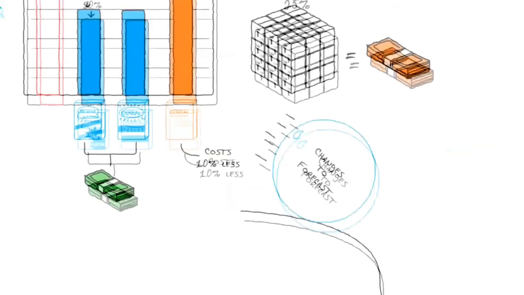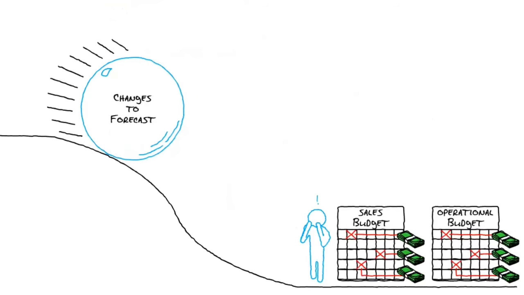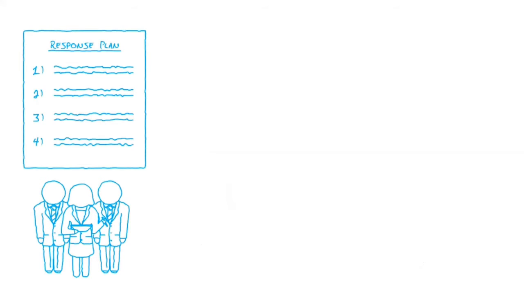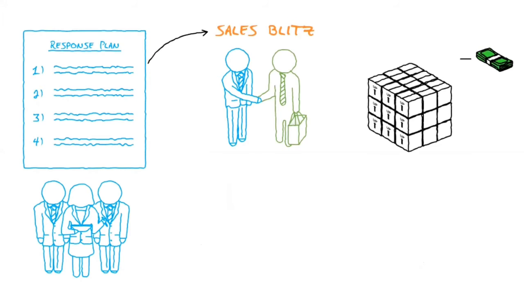The cascading effect of these changes to the forecast will have a serious impact on both the sales budget and the operational budget. Jane and her managers decide to take an aggressive approach to address the issue. They devise a multi-phased plan of response, beginning with a sales blitz, assigning additional sales personnel to key customers, and offering current quarter discounts on inventories on hand, a one-time 15% price reduction for this quarter.